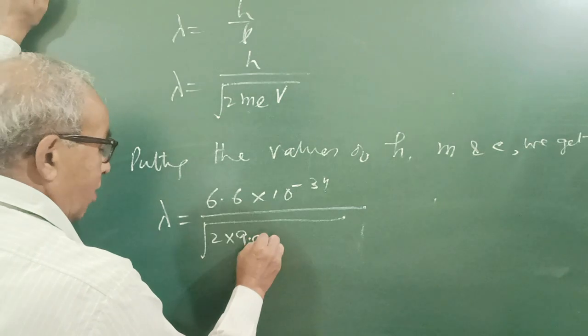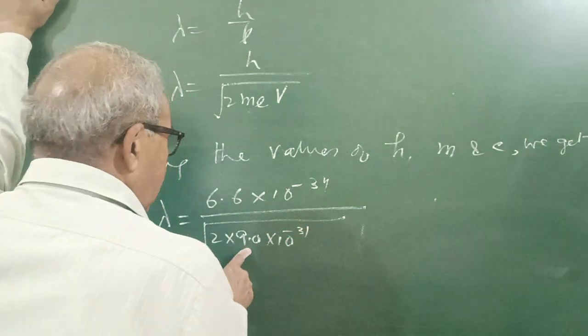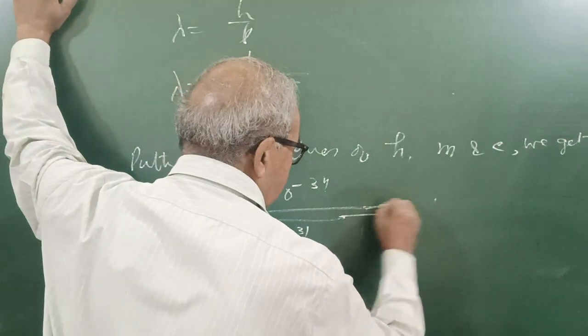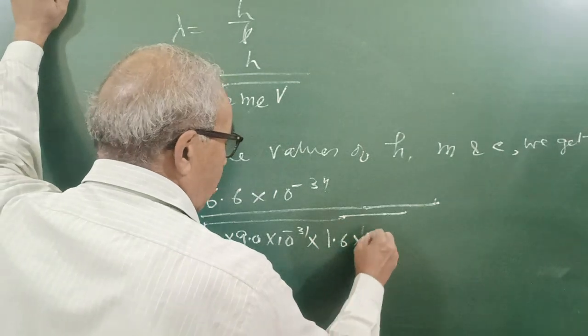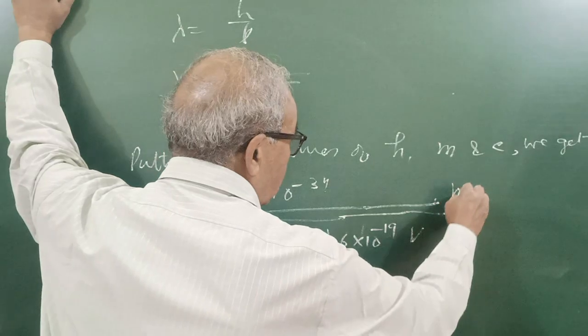You can take 9.0 into 10 to the power minus 31, though in books they write 9.1; for simplicity I am taking it like this. Into charge of electron 1.6 into 10 to the power minus 19 into V. It will come out in meter.